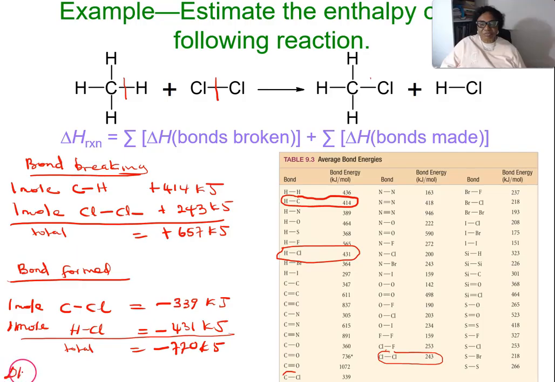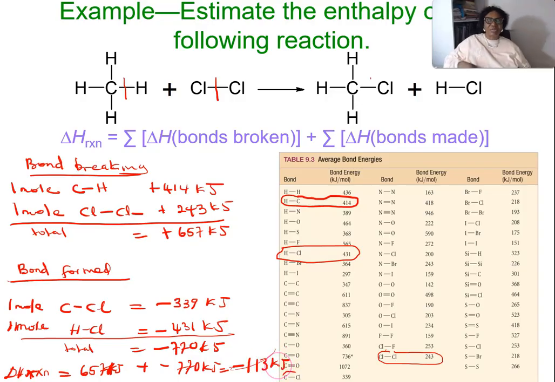The heat of reaction is 657 kilojoules plus minus 770 kilojoules, so our answer is minus 113 kilojoules. So that's our answer.